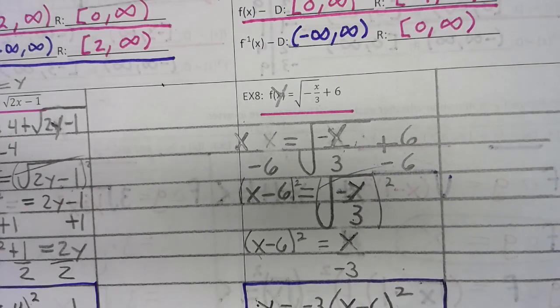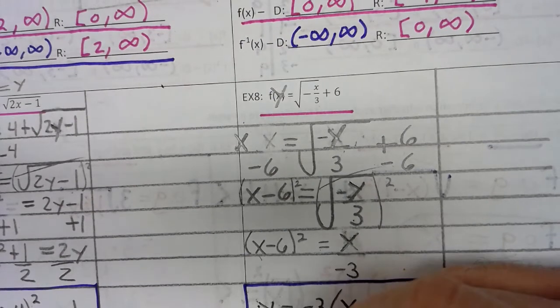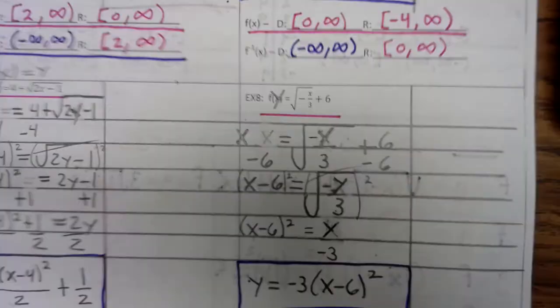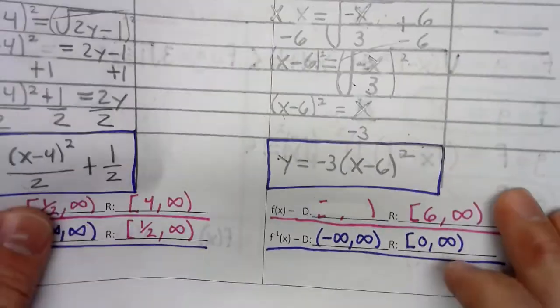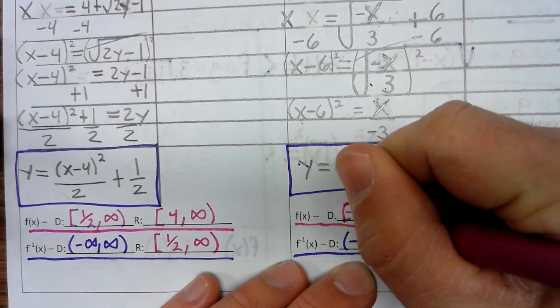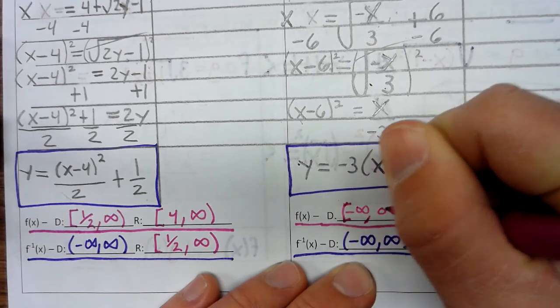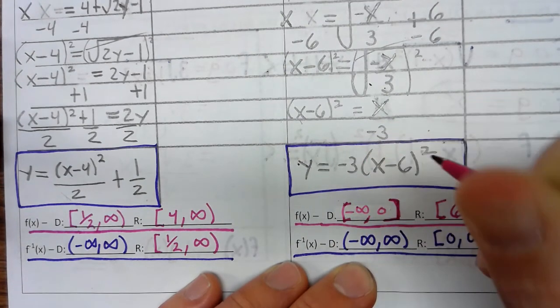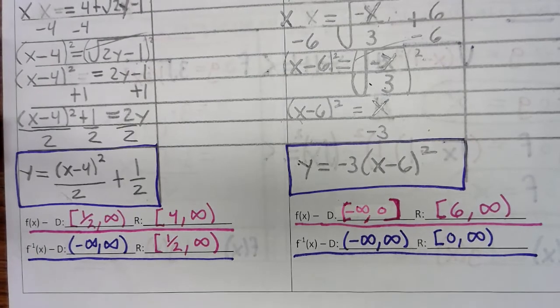And I think it only affects the domain. Yep, so the domain should actually be from negative infinity to 0. Okay, and then 6 to infinity was fine.